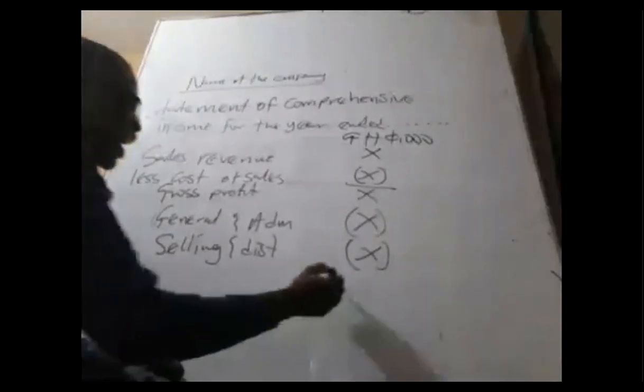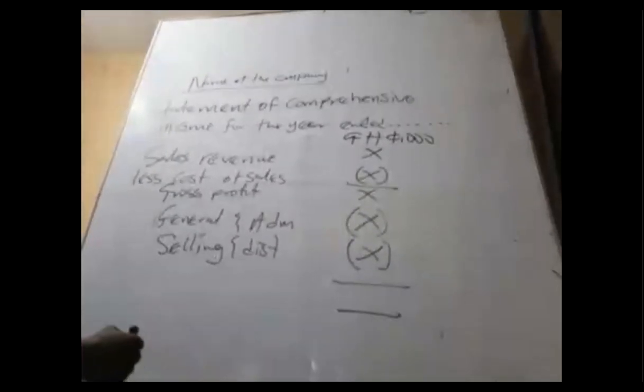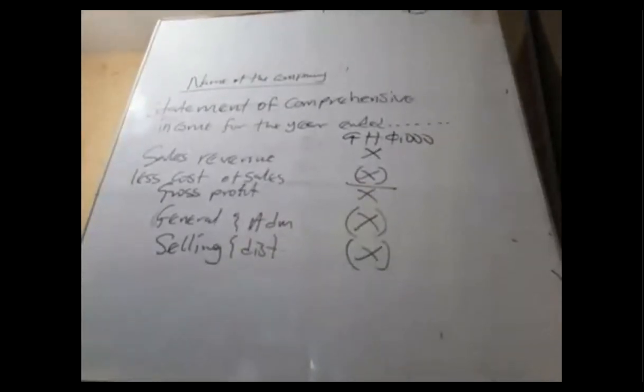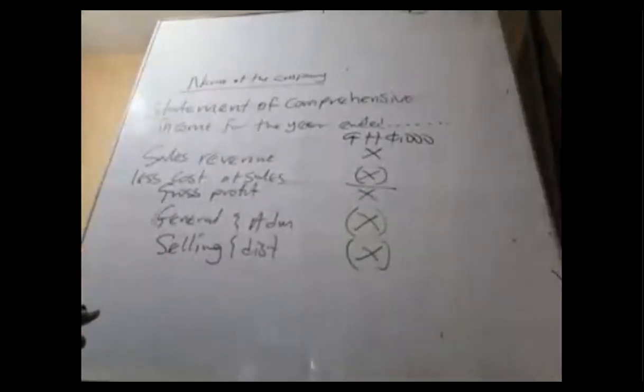But there's a danger. The danger is that in an attempt to group all the expenses, they'll give you some expenses, and it is your responsibility, show responsibility in the exam room, to group all the expenses under these two headings: general administrative expenses and what? Selling and distribution costs.